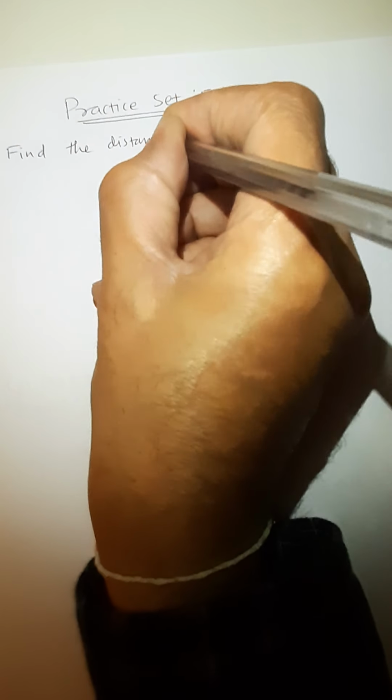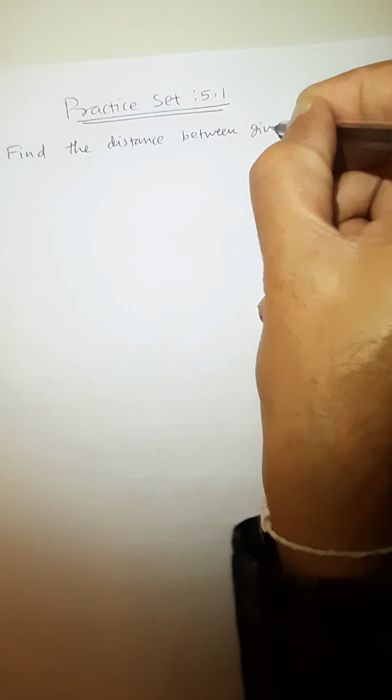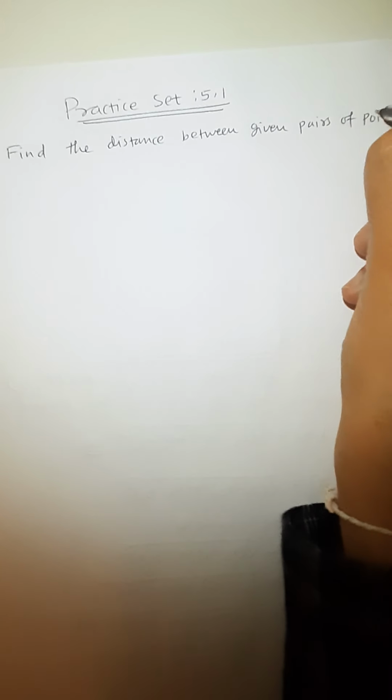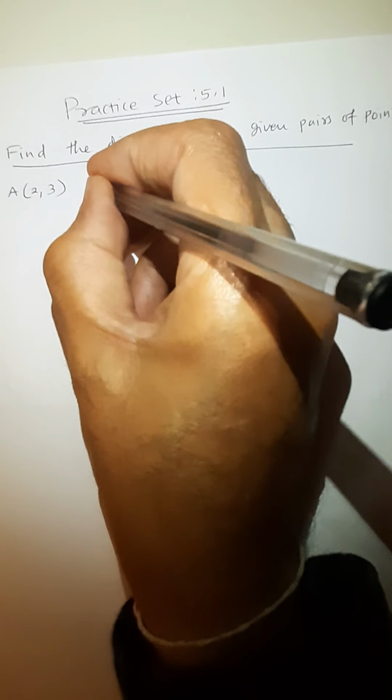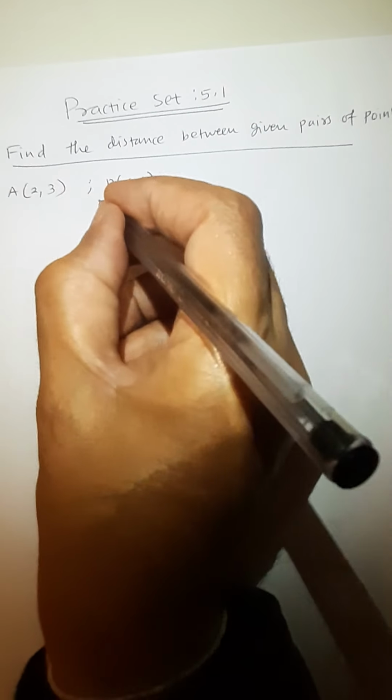I am simply writing: find the distance between the given pairs of points. There are a few questions given here. We have to use the distance formula. The first question is, the points are A having ordered pair 2, 3, and B has ordered pair 4, 1. Both these points are in the first quadrant.